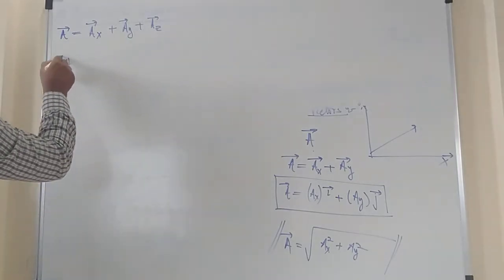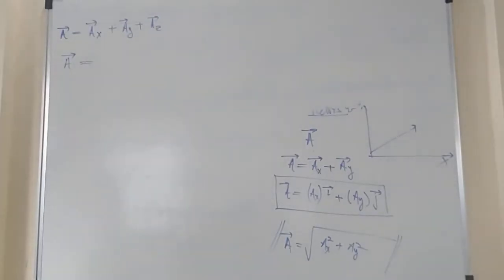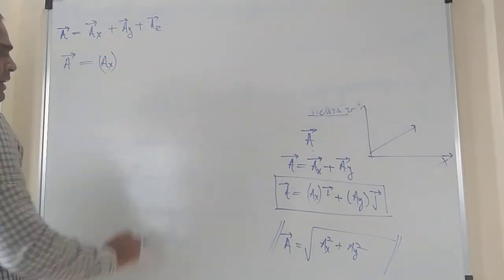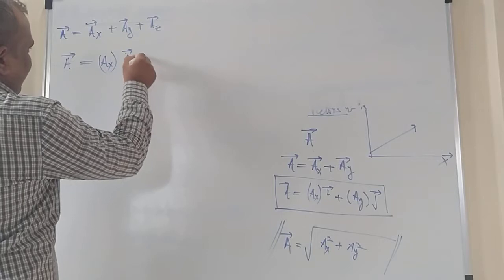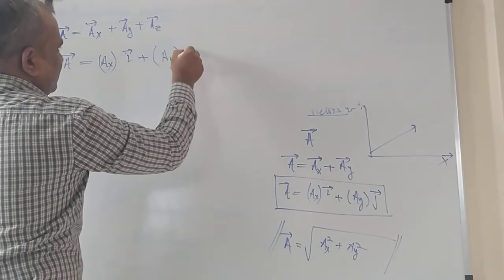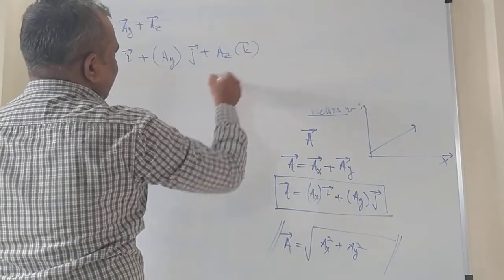Then I can write this vector in three dimensions as ax into i bar plus ay into j bar plus az into k bar.